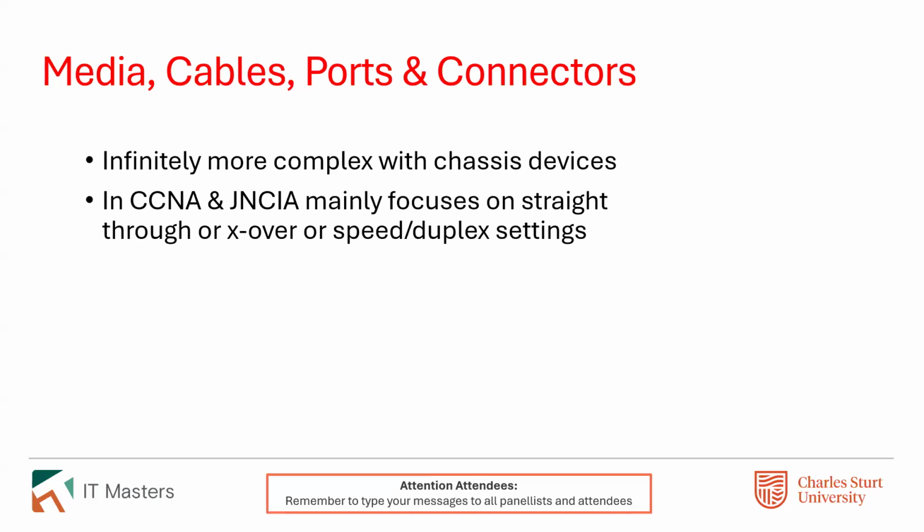With those, obviously, we get a lot more complexity, but fortunately, in the associate level exams and in Network Plus, you don't need to worry about those. It's really just focused on the basics of network troubleshooting at that layer 1 and 2 level.